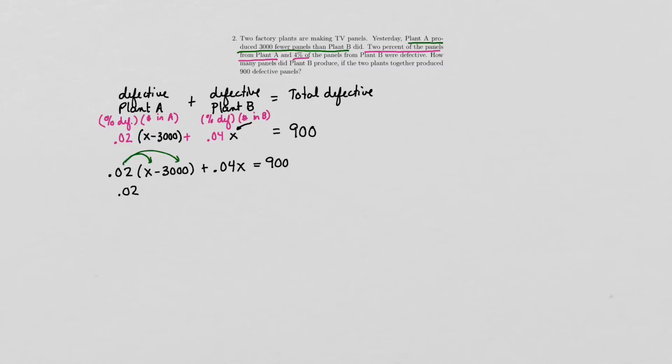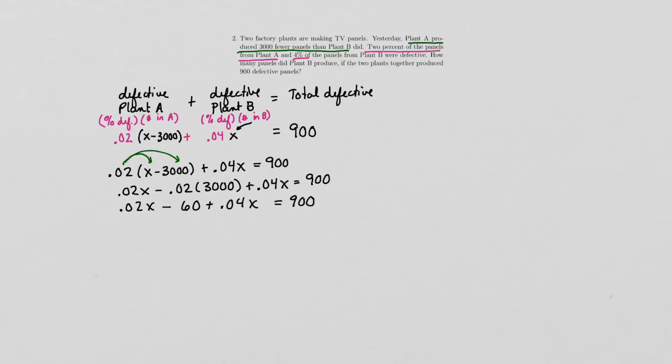So 0.02x minus 0.02 times 3,000 plus 0.04x equals 900. So 0.02 times 3,000 ends up being 60. Plus 0.04x has to equal 900.